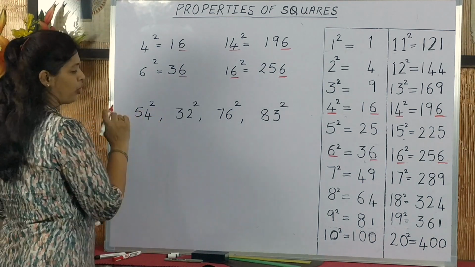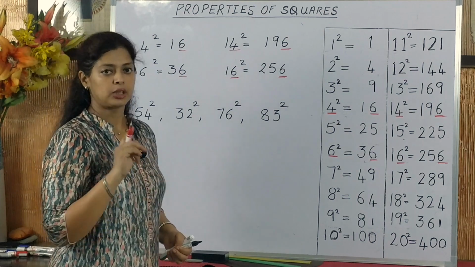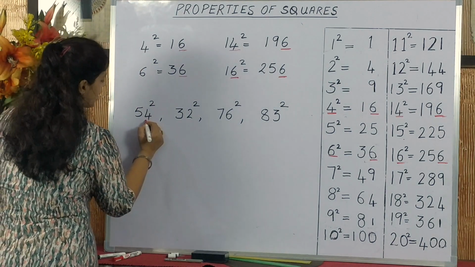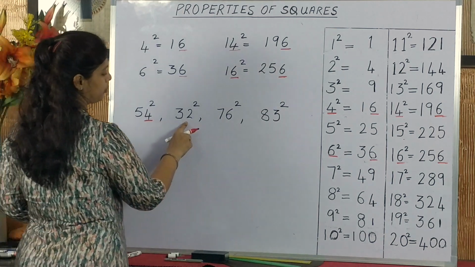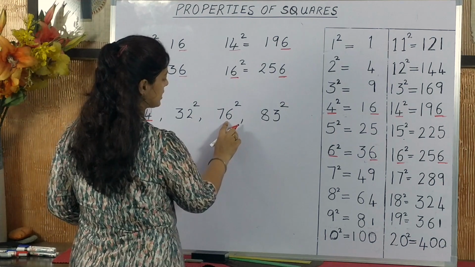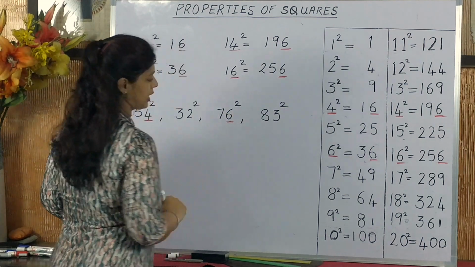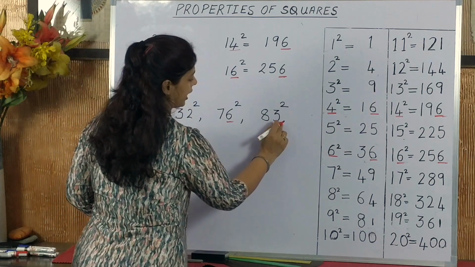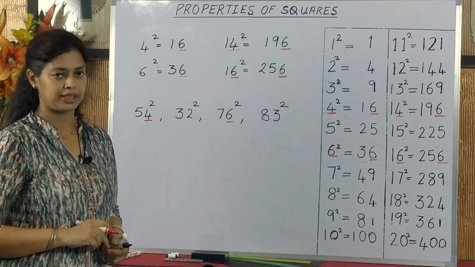Whichever number has a 4 or 6 in the units place, their squares will have a 6 in the units place. So 54 has a 4 in the units place, 32 has a 2. So 32 square will not have a 6. 76 has a 6 in the units place. So 76 square will also have a 6 in the units place. 83 again there is a 3. So this also will not have a 6.